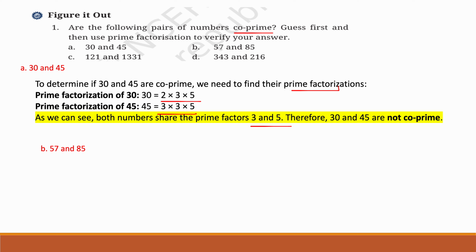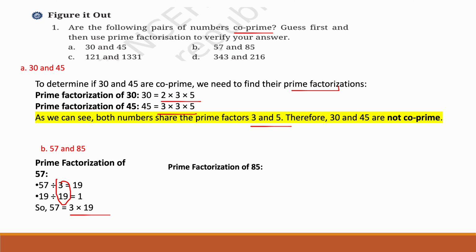Next one, 57 and 85. Prime factorization of 57. How do you find it? 57 divided by 3 is equal to 19. Then 19 divided by 19 is equal to 1. So 57 is equal to 3 into 19. The next one, prime factorization of 85. 85 divided by 5 is 17.